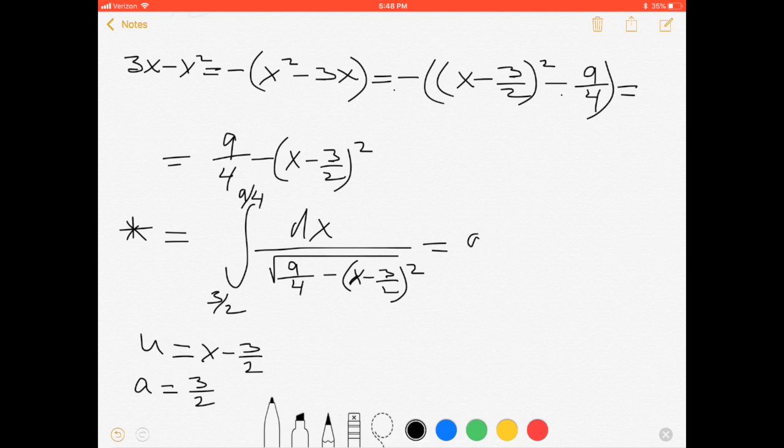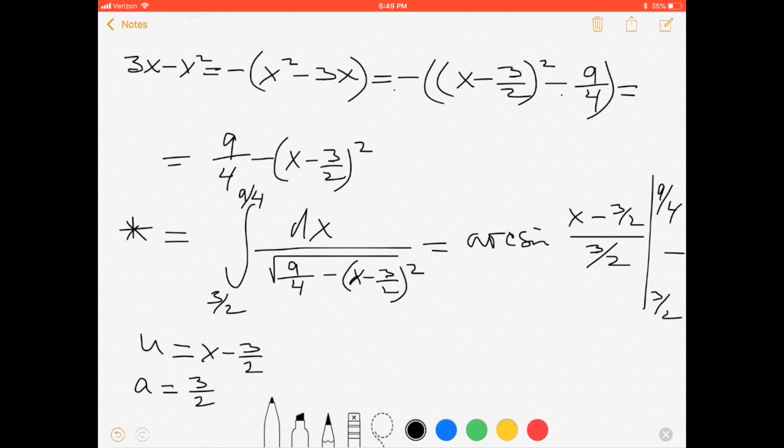Great. Here we have arc sine of (x minus 3/2) over 3/2, and x changing from 3/2 to 9/4.